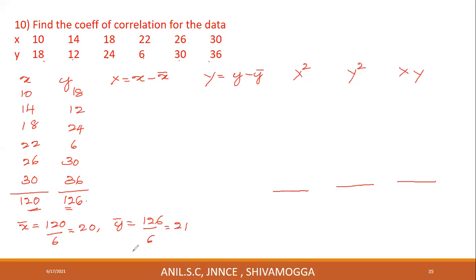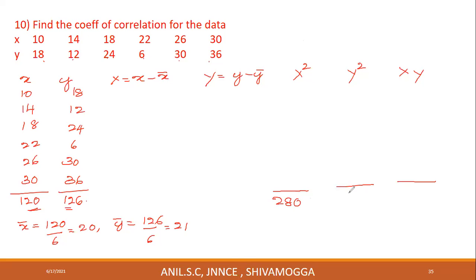What is summation x square? It must be 280. Check it. Yes, it is 280.